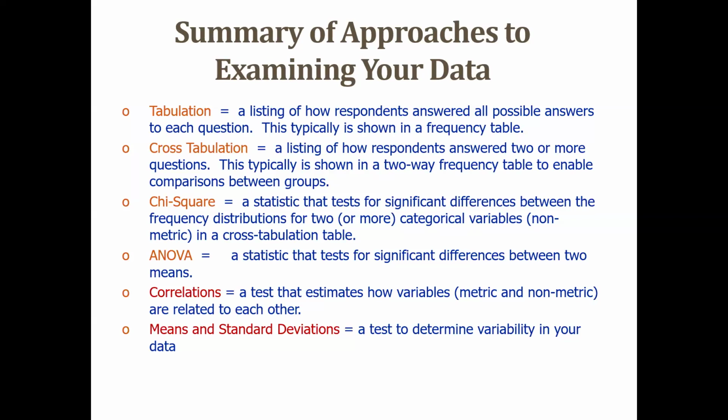Usually when you are looking at one variable, you say tabulation. And when you are combining responses across multiple variables, we usually use cross tabulation, or a cross-tab form, okay?